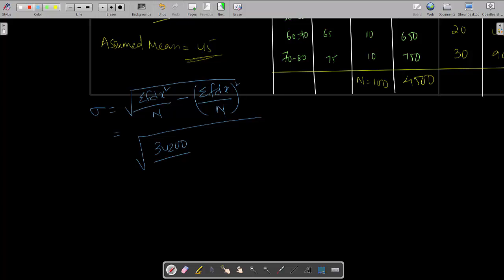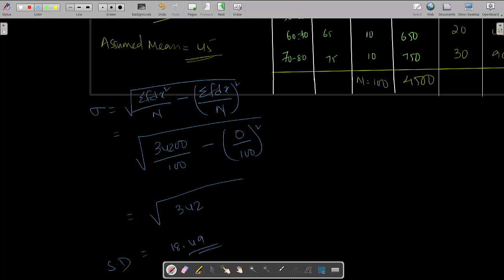Our n value is 100, minus 0 by 100 whole square. So this is 0, and 34200 by 100 gives 342. 342 minus 0 is 342. If you find the square root of 342, you will get 18.49. So this is our standard deviation.